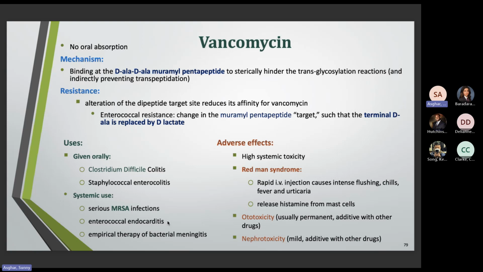They're going to go harder on endocarditis in Med 4. But yeah, adverse effects over here: high systemic toxicity, Red Man syndrome. See, when you're going over it, you will see things that stand out the most. So Red Man syndrome, ototoxicity.